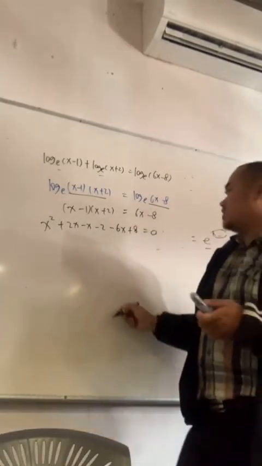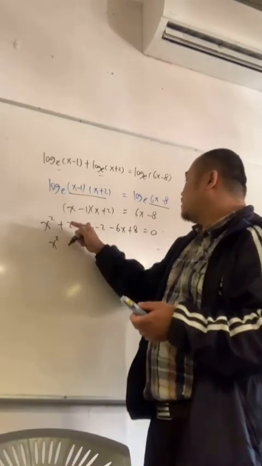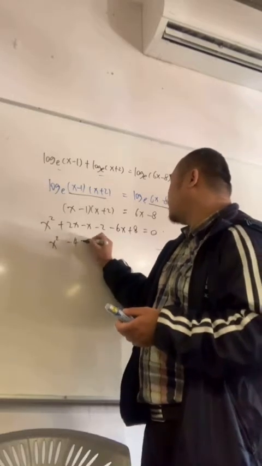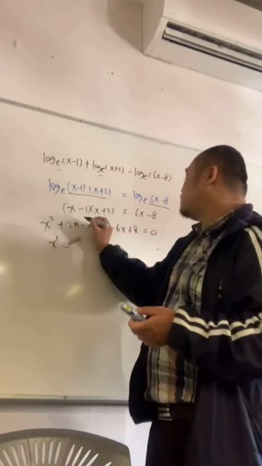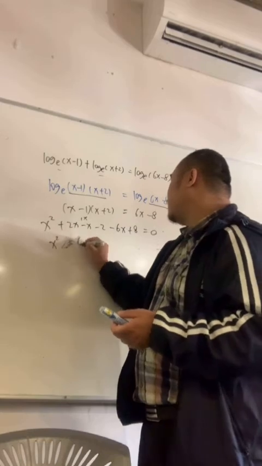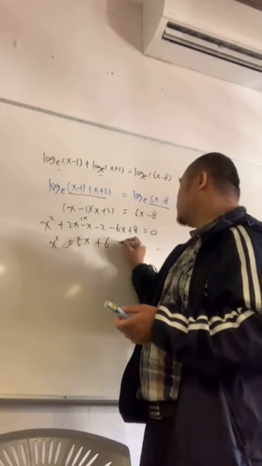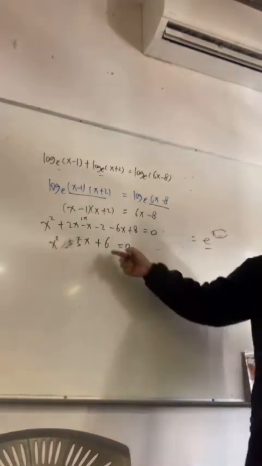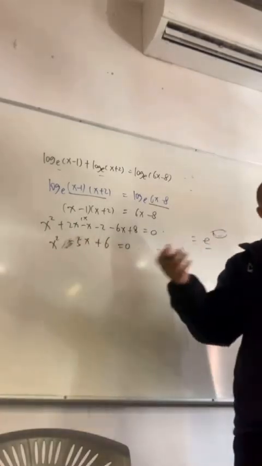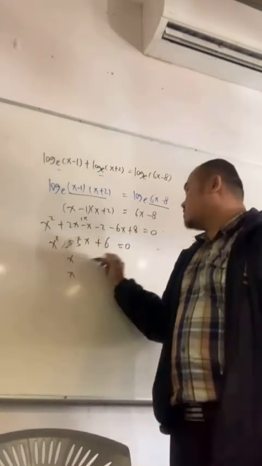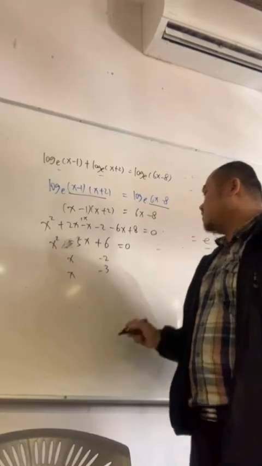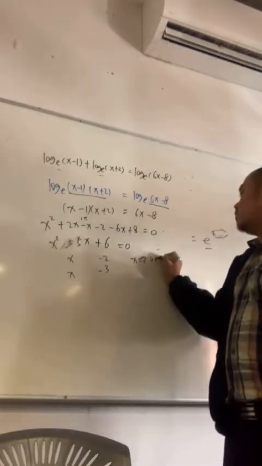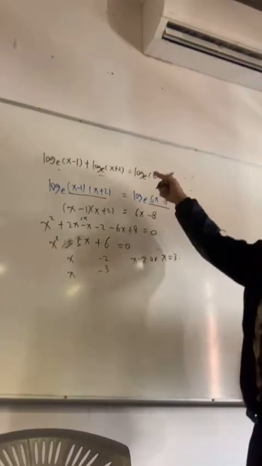Now I simplify it, so that would be x squared minus 5x plus 6 equals 0. All right, so now I have a new quadratic, so I can solve for x. So x equals 2 or x equals 3. Is that what you found?